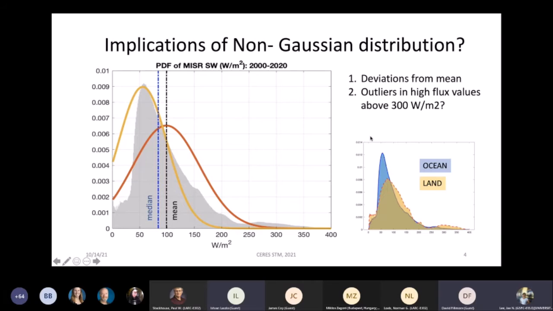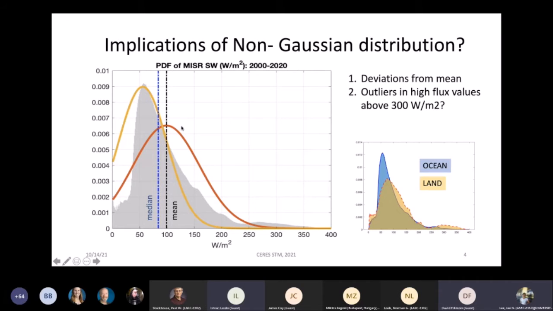So what are the implications of a non-Gaussian distribution? A Gaussian or normal distribution is a distribution of a random variable, and the PDF is symmetric on either side of the mean. So mean, median, and maximum population are all aligned together.